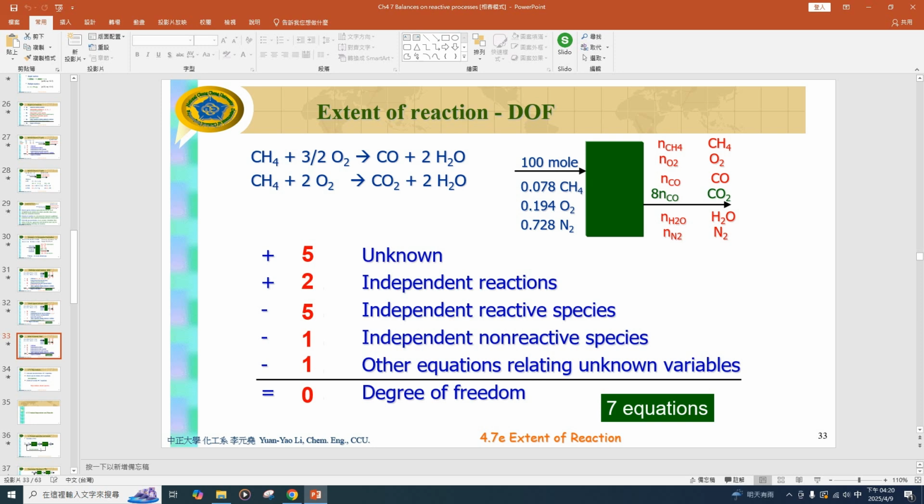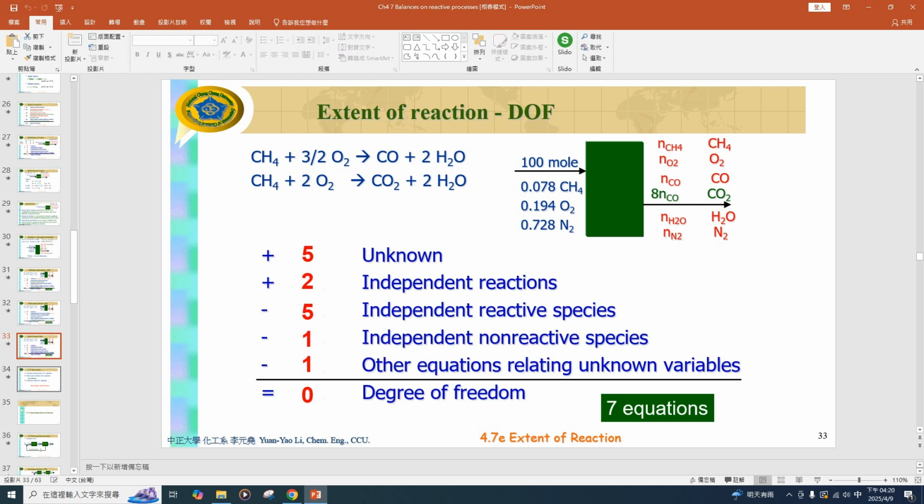Like this one, it doesn't involve nitrogen. Then independent non-reactive species, and then other equations related to unknown variables. So there are 5 terms for the extent of reaction for you to do DOF. Please remember this.